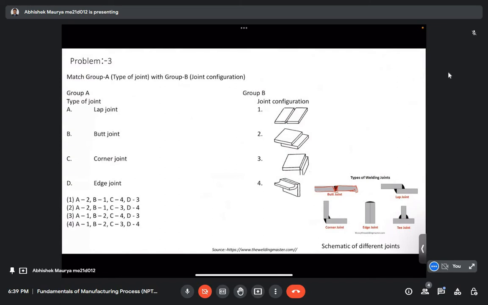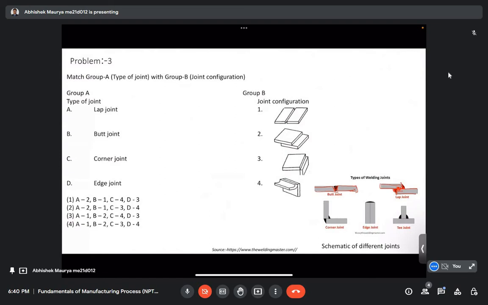We try to join two bodies where there is some common area over which they are kept, and we join them by adding the filler material at these two corners. Similarly, we have the corner joint, the edge joint, and the T joint.